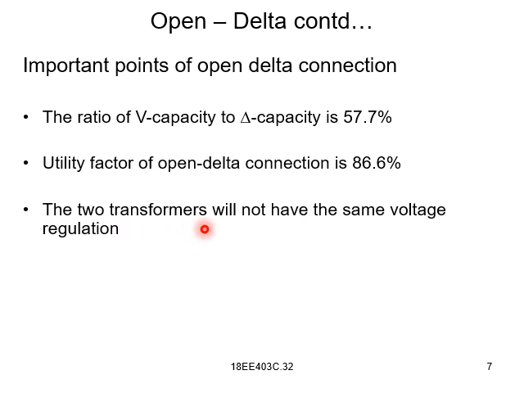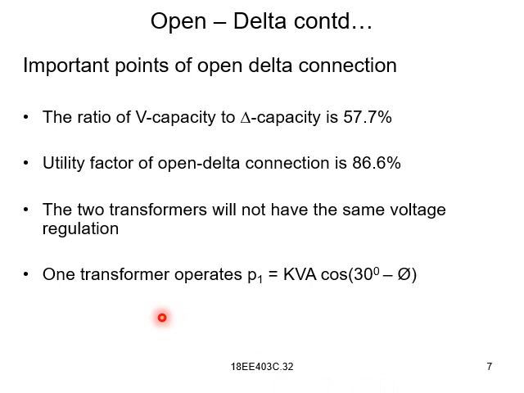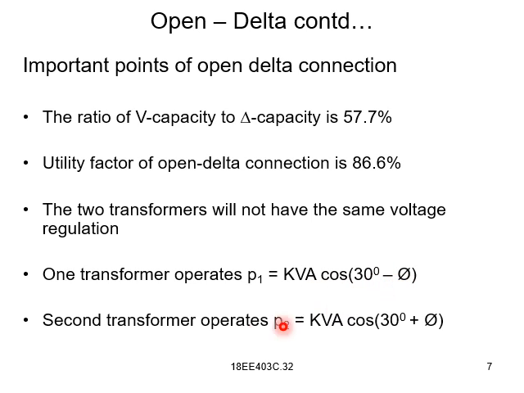And the two transformers will not have the same voltage regulation. One transformer operates at P1, which equals kVA cos(30° - φ). The second transformer operates at P2, which equals kVA cos(30° + φ). So these are the 5 important points of open delta connection.